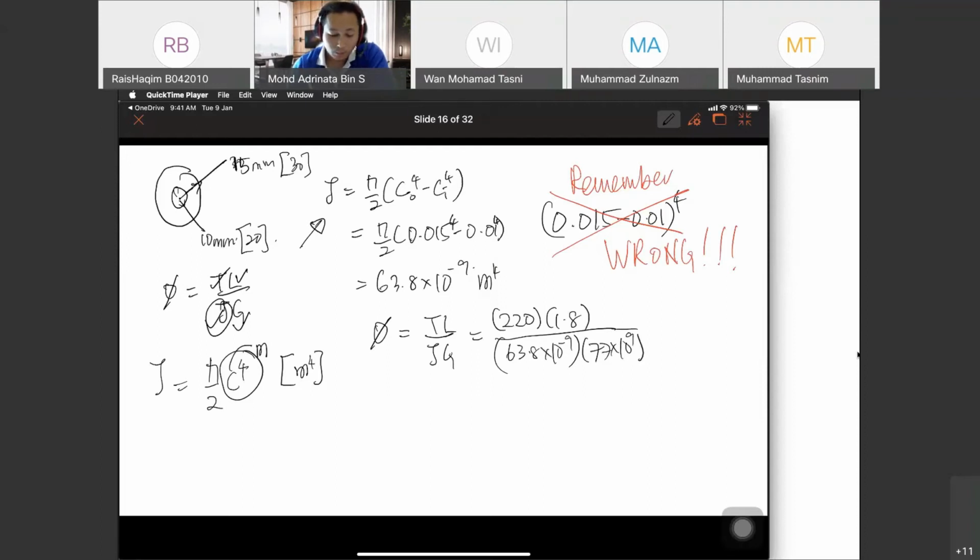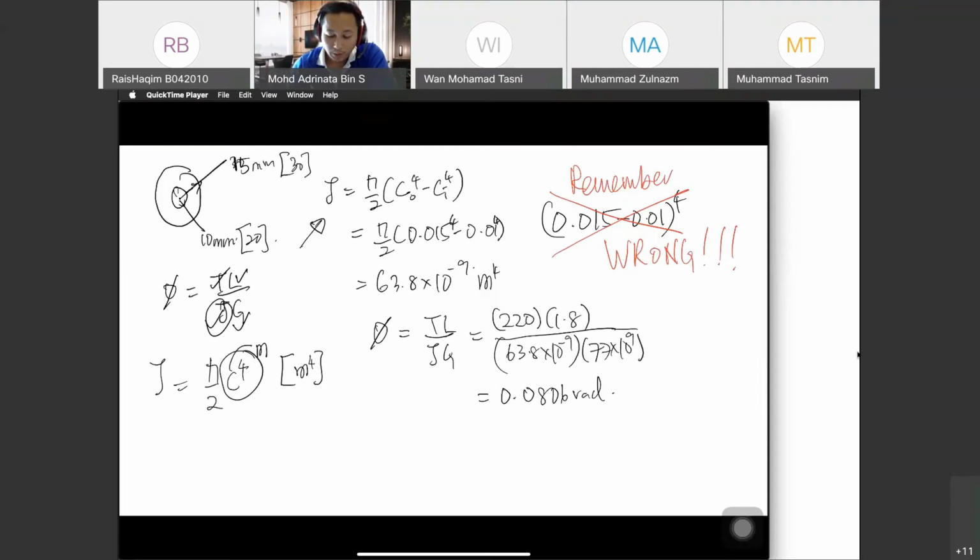So we have our angle of twist is 0.0806 radian, and then we change it to degree, 0.0806 times 180 degree divided by pi radian. So we got our answer 4.62 degree.